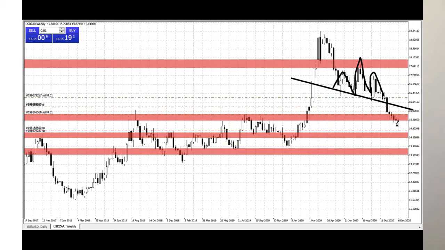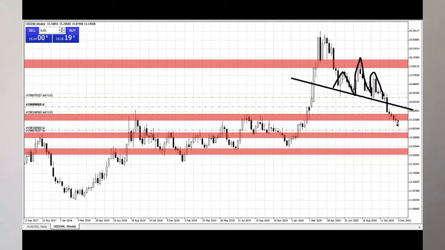What we'll be expecting in the first scenario is that the price is going to continue with the downward movement until it reaches 14.39096. Alternatively, the price may retest this zone, probably up to this neckline, before going all the way down to 14.39096.